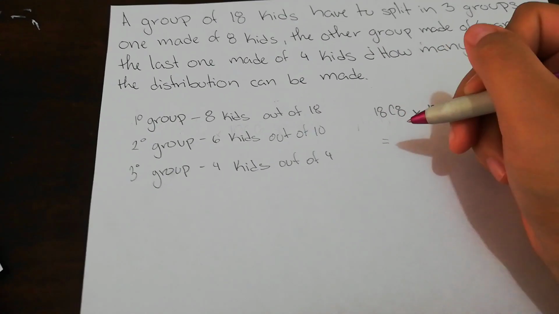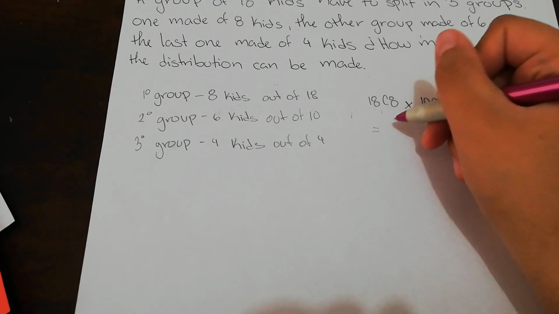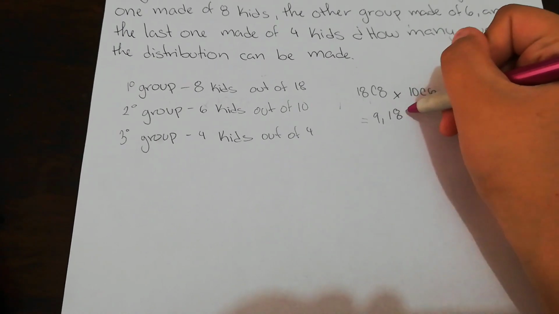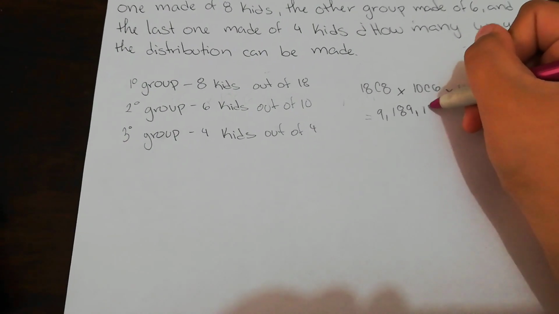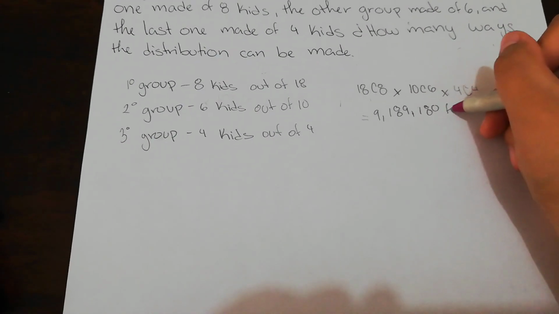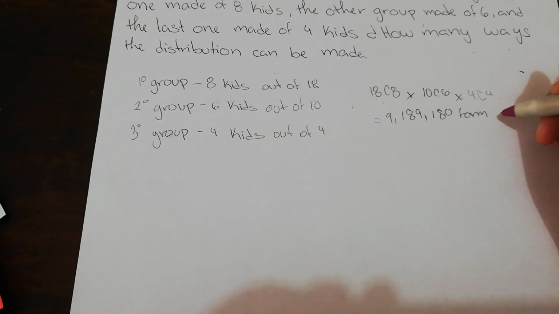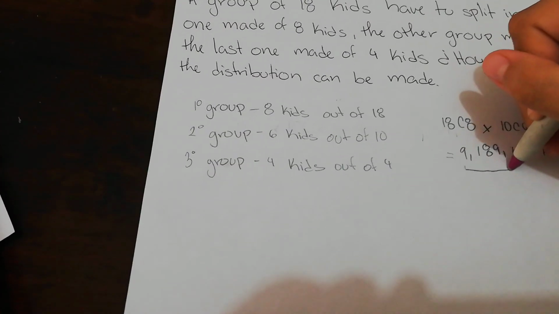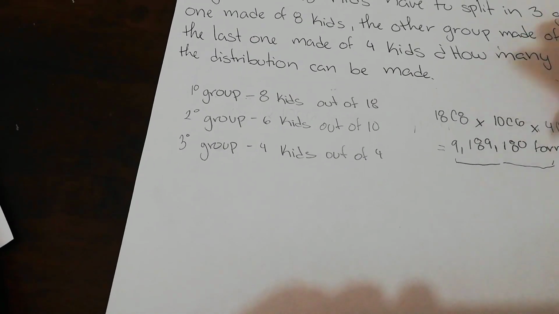Multiplying everything, we have 9,189,180 forms the distribution can be made. So that's the answer.